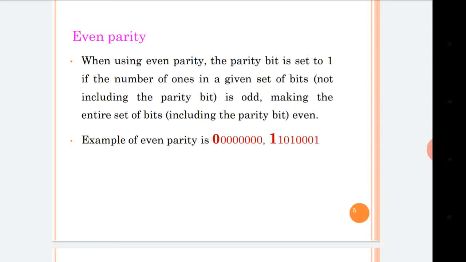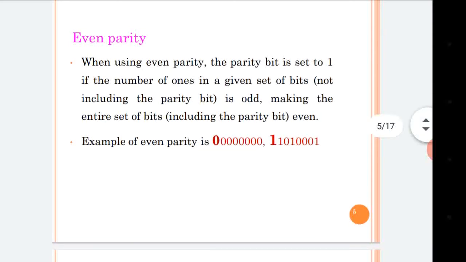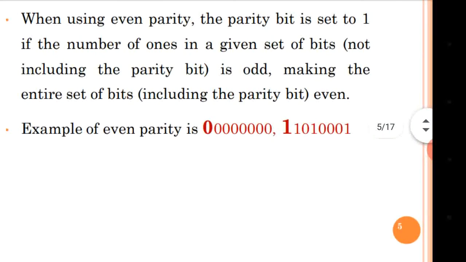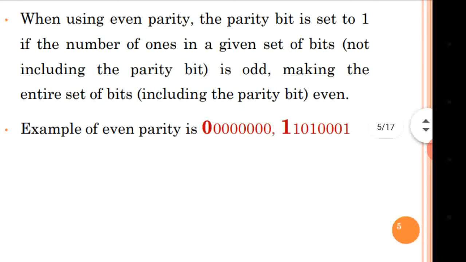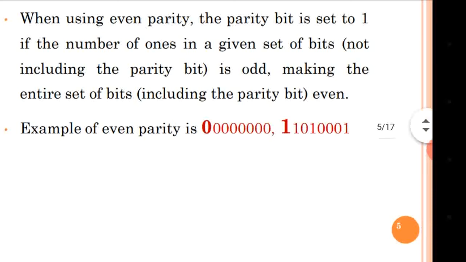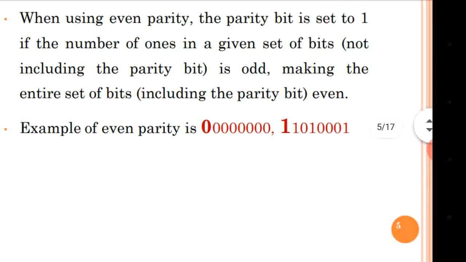Let us take the other example, that is this number. Forget about that highlighted one. The given number was 10100001. So, 1, 2 and 3. 3 times 1 is there, but 3 is an odd number.